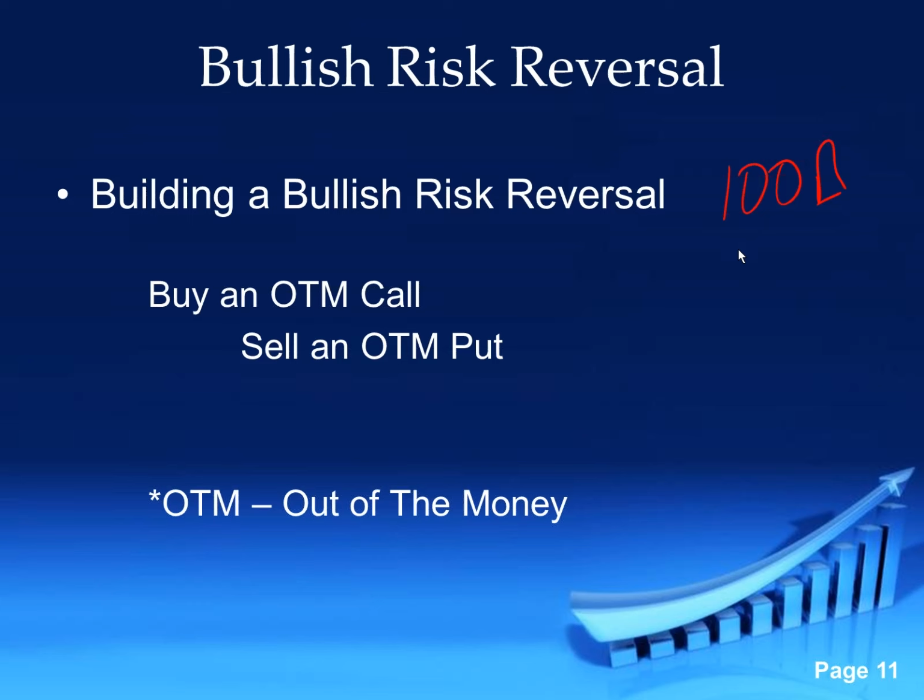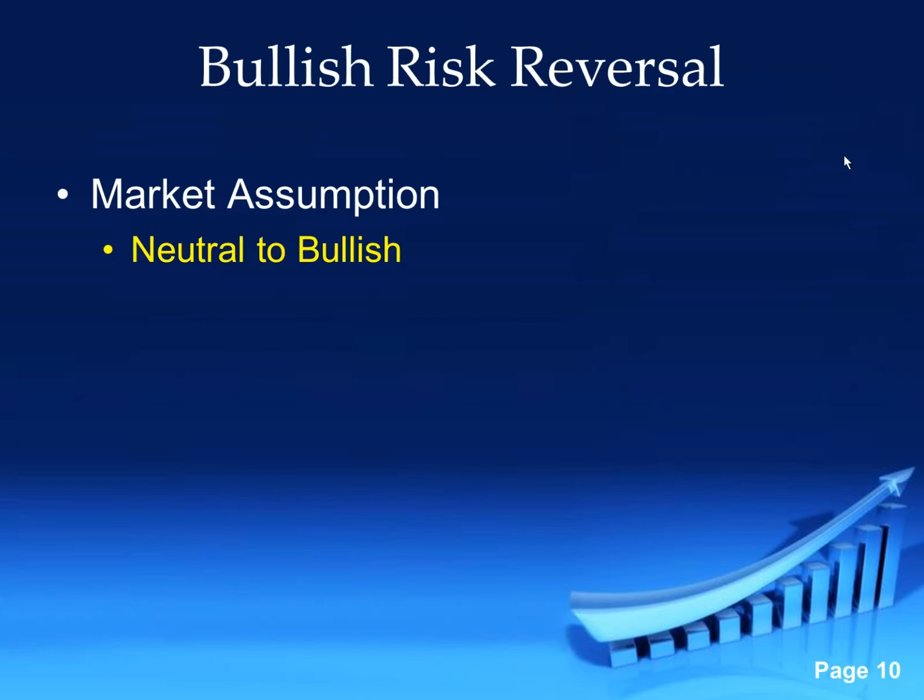So what I was talking about is, if you have an underlying and you have 100 of that underlying in your portfolio, you have 100 of XYZ. Well, with this strategy, you could do it if you had a limited portfolio value and you aren't able to buy 100 of the underlying, or maybe even do the 100 deltas.